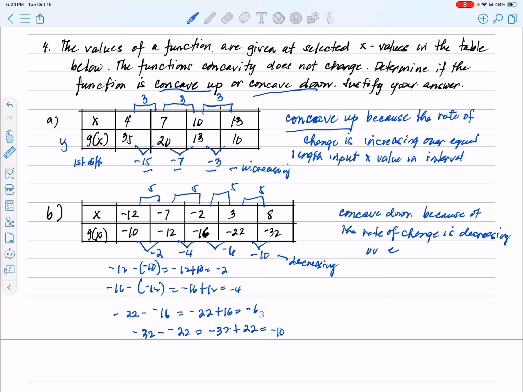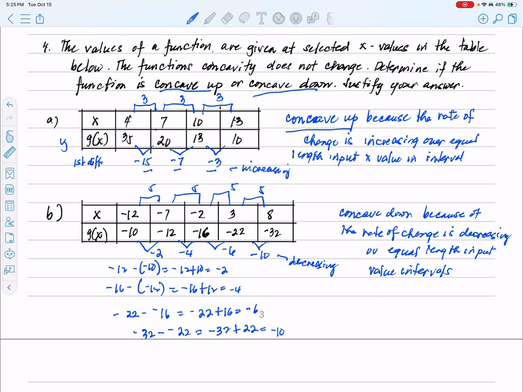Over the equal length input. Input is the x value interval. That's it. It's how you reason it.